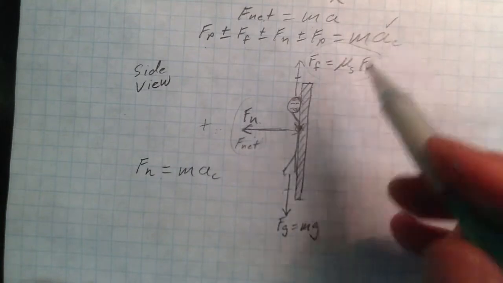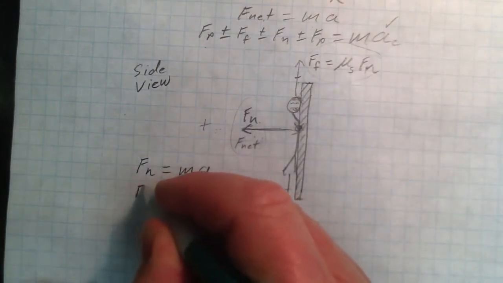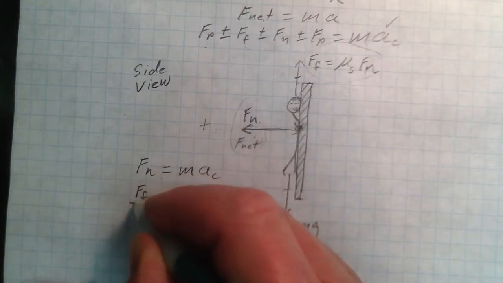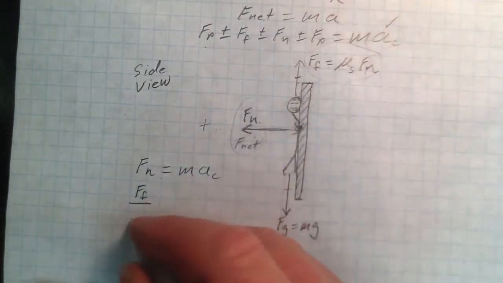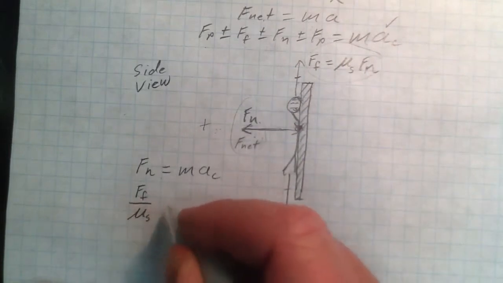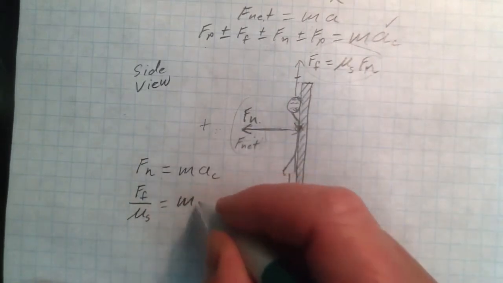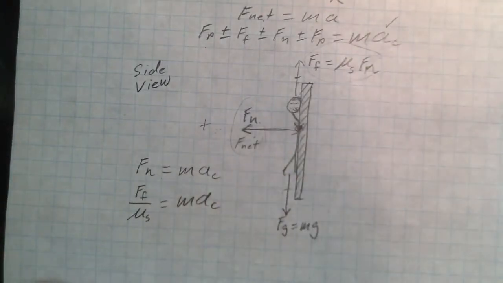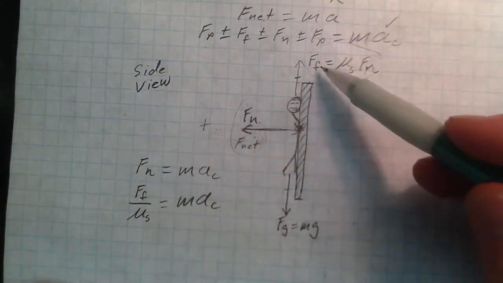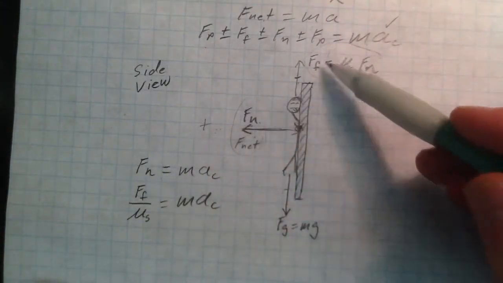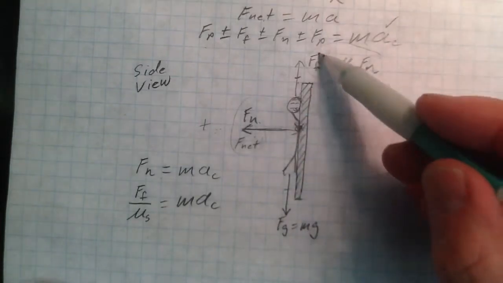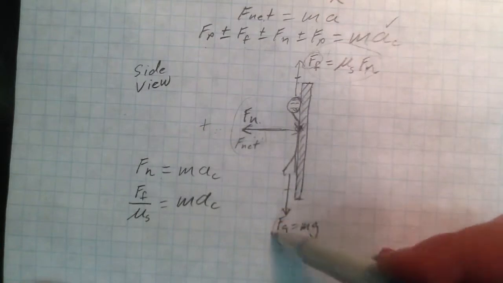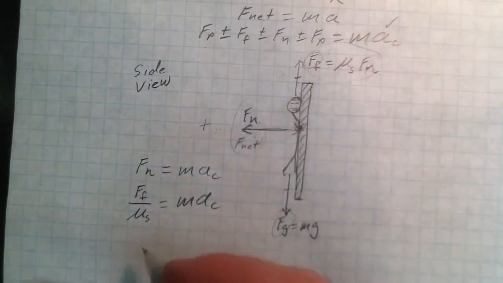Force normal is the same thing as force friction divided by mu. And that's equal to mass times acceleration. Well, let's look back at our free body diagram. What is force friction in equilibrium with? Force friction is in equilibrium with the weight, so that means the magnitude of this and the magnitude of that are the same. Well, what's the magnitude of that? mg.